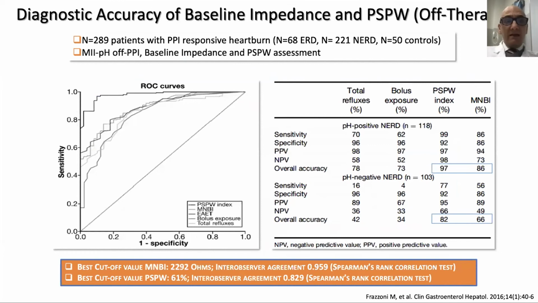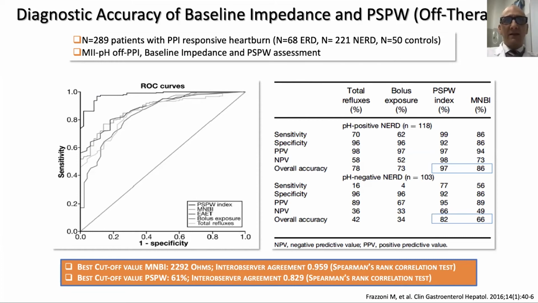In this study, we evaluated for the first time both tests together, MNBI and PSPW index. We performed a prospective study with consecutive patients with proton pump inhibitor responsive heartburn who underwent impedance pH. A ROC analysis showed that the area under the curve of the PSPW index was significantly greater than that of the other impedance pH parameters.